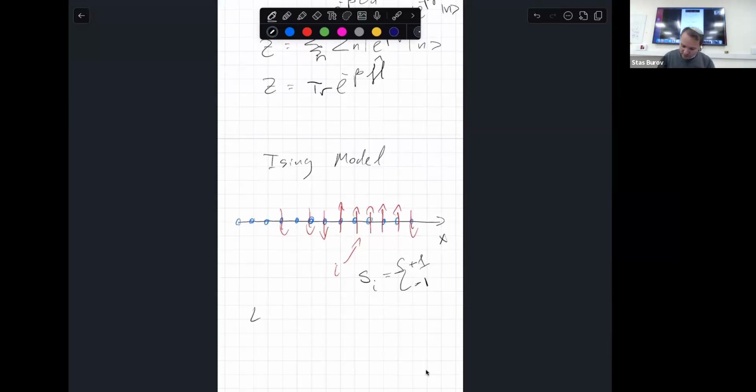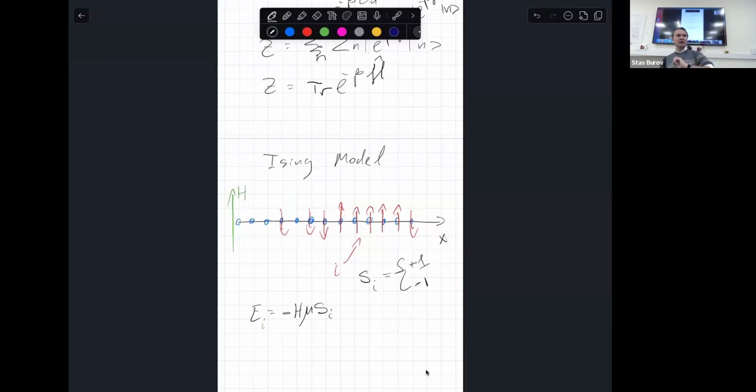So the energy of the system, and in addition, you can also apply an external field, H. So the energy of the system goes as follows. Let's look at the energy i of a specific particle. It has a component of interaction with the external field, so it's H times mu, which is the Bohr magneton, multiplied by Si.